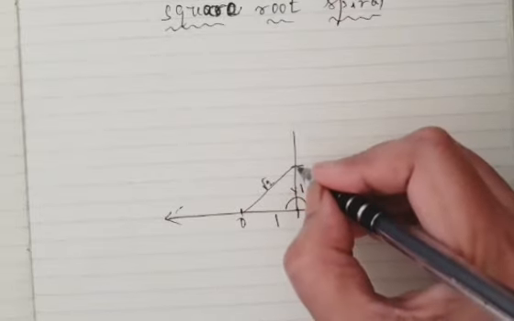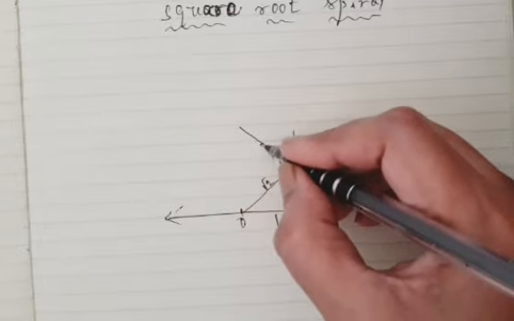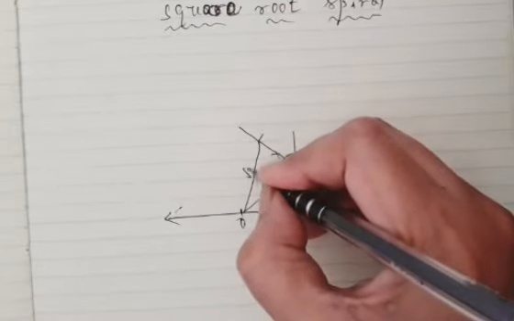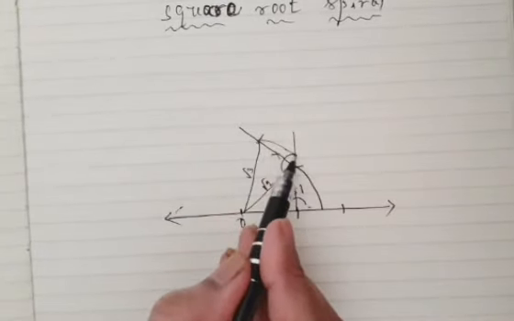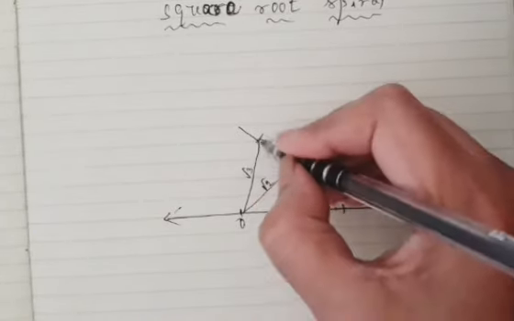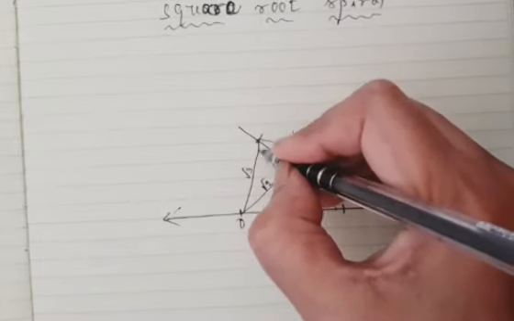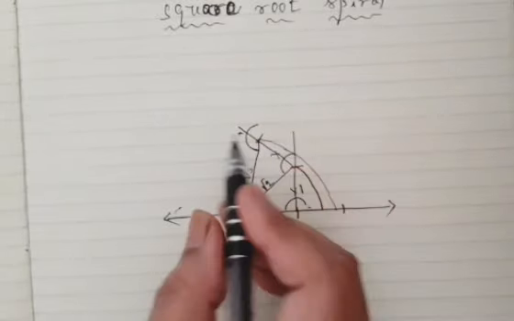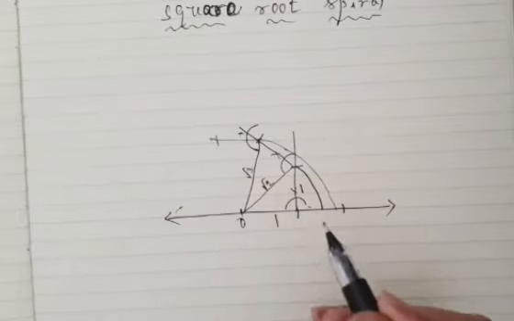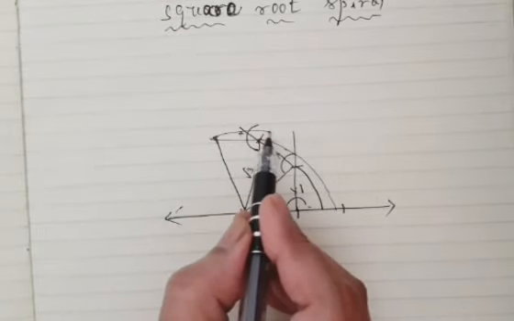Again at this point construct 90 degree, from the perpendicular cut 1 unit length, join the hypotenuse. Now this is your root 3. Then you take the arc like this. Then go for the next, taking this line segment as the base, again at this point you construct 90 degree, from this perpendicular you cut 1 unit length, then you join, then you cut the arc like this.